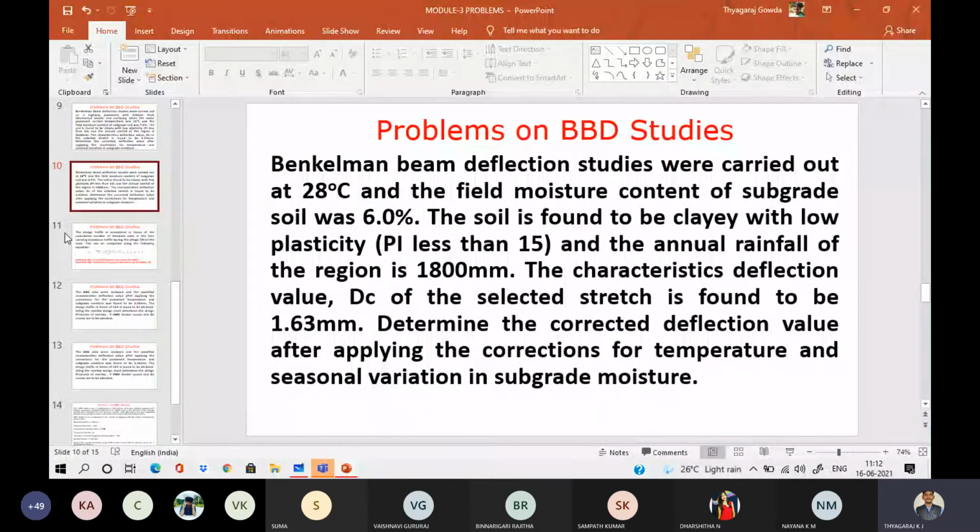Why I am making you solve these problems in the class itself is that if I give an assignment like this, everyone will be copying and writing. So kindly note down the next problem.